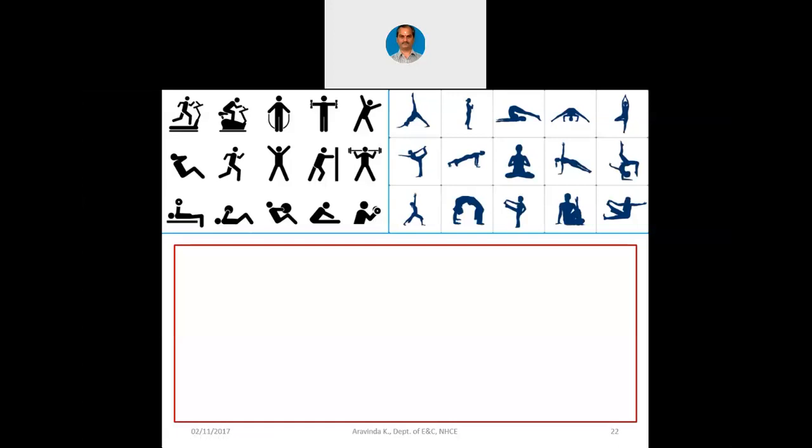We have an outdoor gym with many equipments, and we have an indoor gym also. You can use a lot of props or equipments to keep yourself fit. That is one option. The next option is, if you are at home now, then you can easily practice all these yogic exercises without the help of any other equipments or props. So both ways you have options.